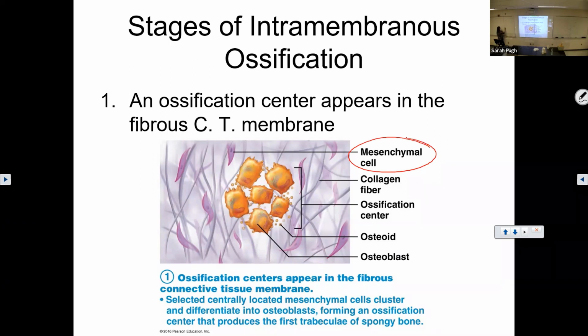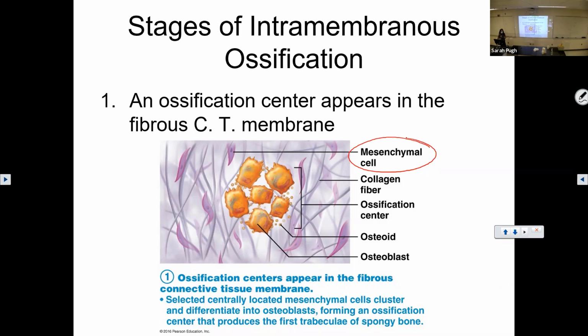And remember, all of these come from an embryonic tissue called mesenchyme. So in an embryo, if you start with a connective tissue membrane, it has mesenchymal cells in it. Those mesenchymal cells are stem cells, and they can very easily turn into osteoblasts and start forming bone.